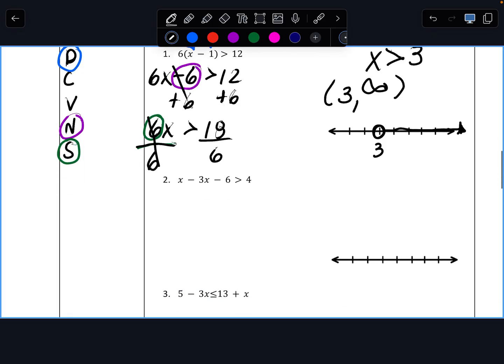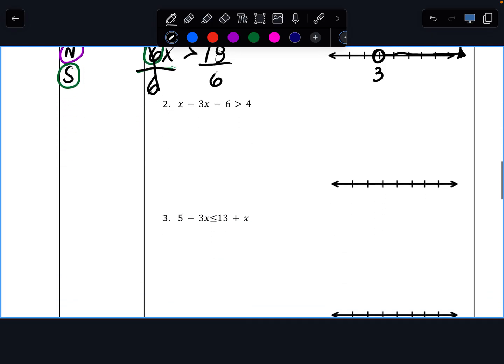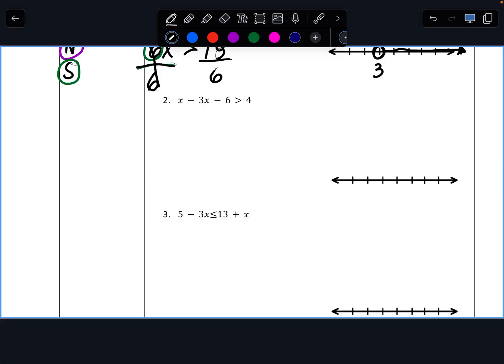All right, let's do another example. I have x minus 3x minus 6 is greater than 4. So go through your steps. Distributive, combine like terms, variable, numbers, solve. Well, I know I don't have distributive. There's no parentheses. But I definitely have combine like terms.